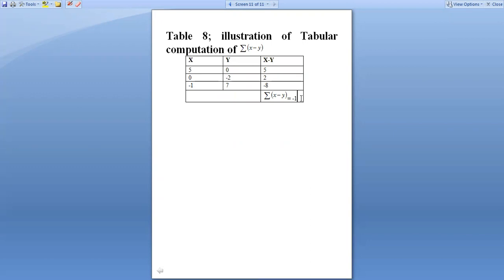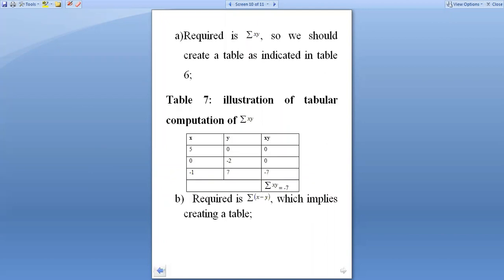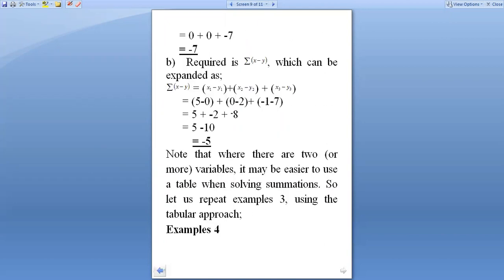I think, members, even the other example, let us look at it. Remember, this is 0 minus -2, so this is where I made a mistake. When you combine these two minuses, you get a positive.